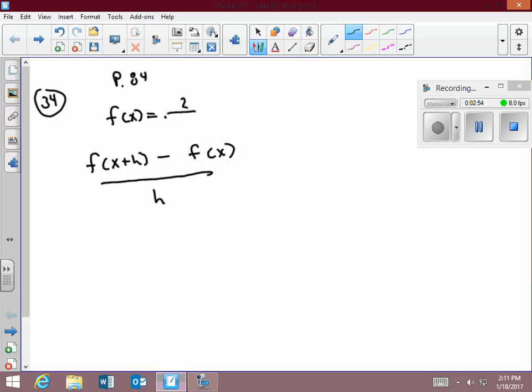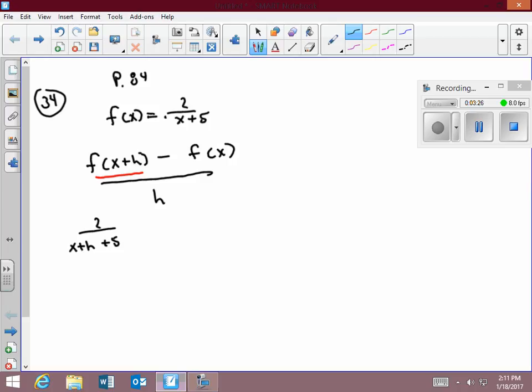Two over x plus 5. Now, what you do is, for this first thing right here, wherever the x appears in that function, you put x plus h, right? So you do of course 2 over, and rather than x plus 5, it would be x plus h plus 5.